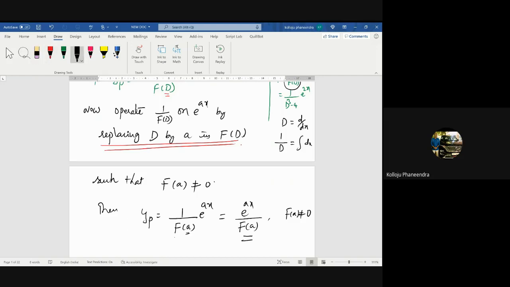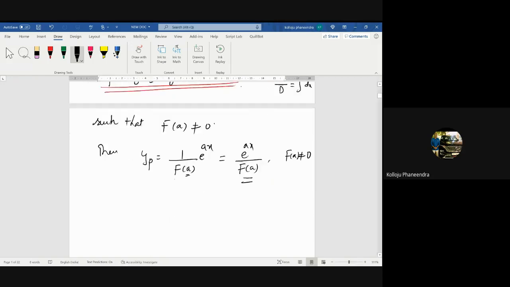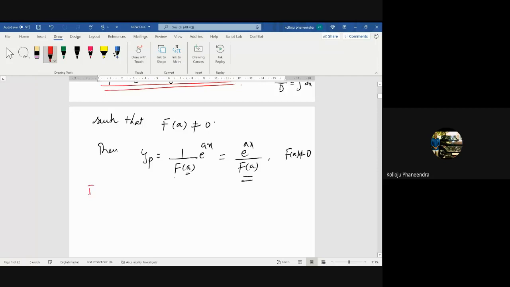Any doubts? Now the condition is if f of a equal to 0, then the above formula fails, right? Because f of a equal to 0 means the denominator is 0 and it goes to infinity.